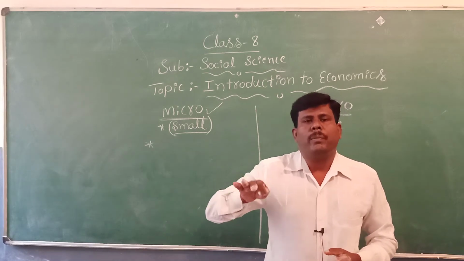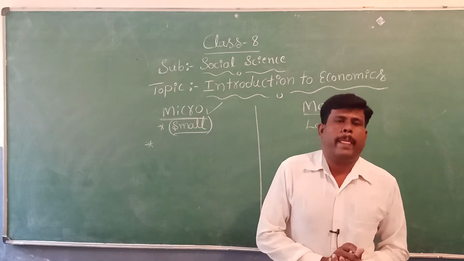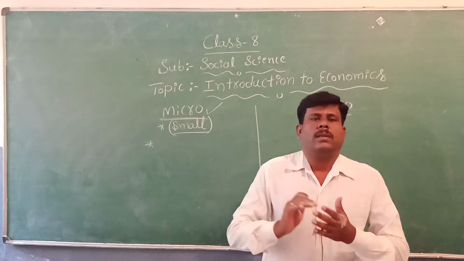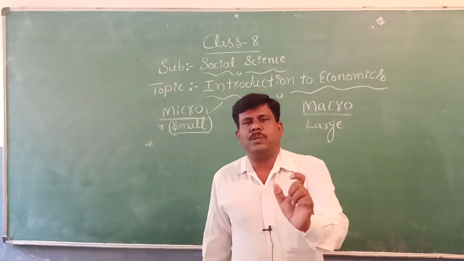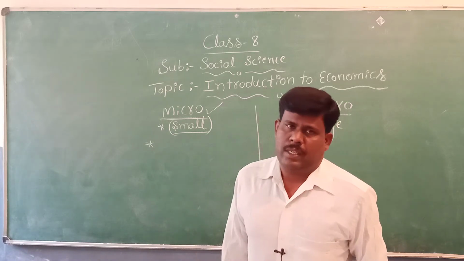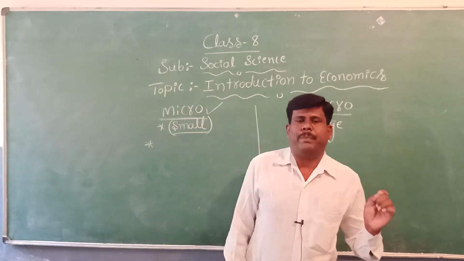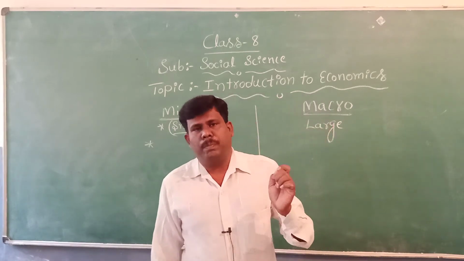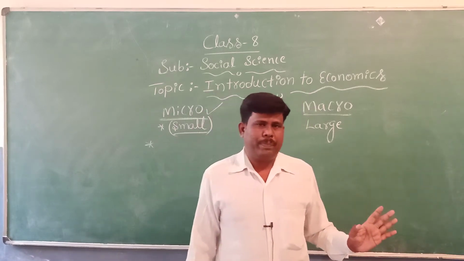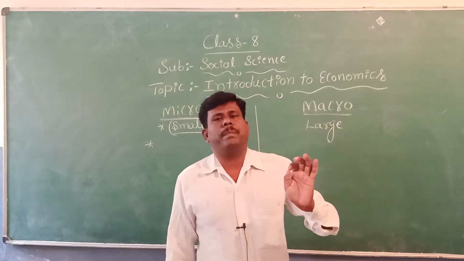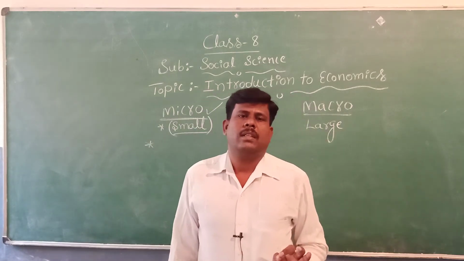And also microeconomics helps us to understand the firm. A small business unit is known as a firm, a business firm, or a production unit of goods is called a business firm. The producer produces the goods and services.